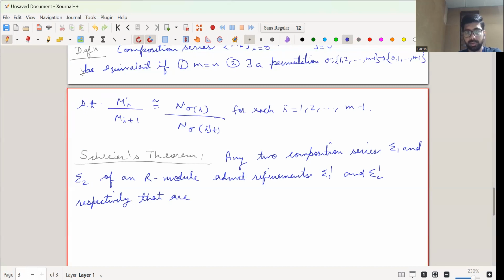So you consider any two composition series sigma 1, sigma 2 of an R module. They might not be equivalent, but there exist refinements of sigma 1, that is sigma 1 dash, and of sigma 2, that is sigma 2 dash, so that they are equivalent. Okay.